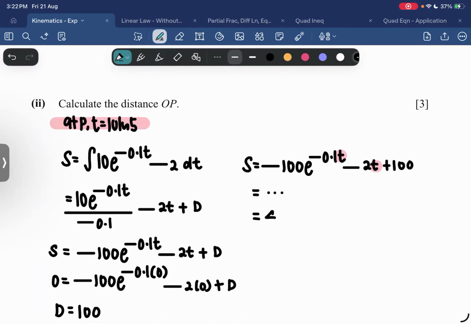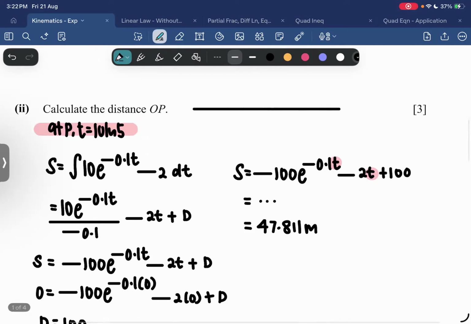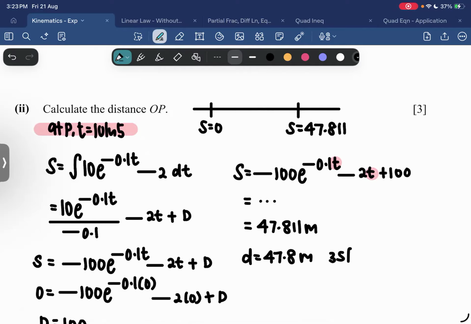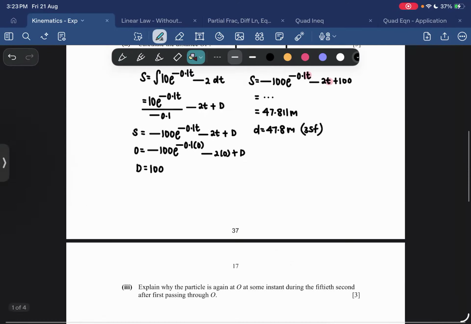I'll get 47.811 meters. They start from O, so s equals 0, and now s is 47.811. So the distance is just 47.8, 3SF, because it's minus 0. Simple, no need to worry about turning points or anything.